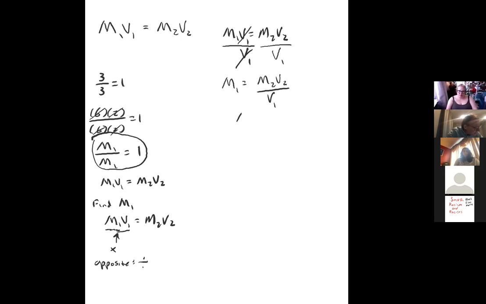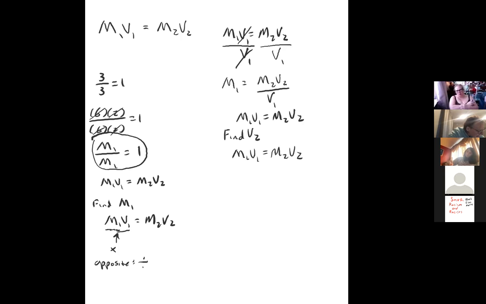So let's say we want to find V2. Well, that means we want to isolate V2. We want to have V2 equals something, but not V2 times something equals something, all by itself. So if you take a look at it, V2 is right here.